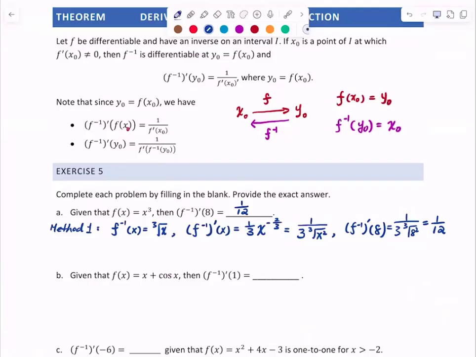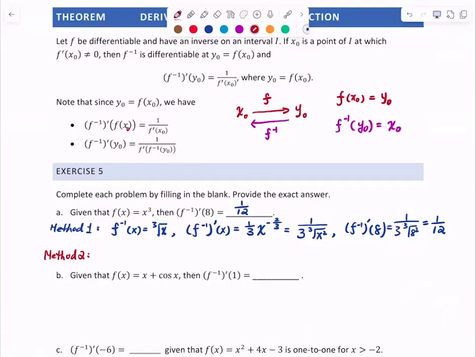Okay, but to help you get familiar with this new derivative formula, what if you can't get the inverse easily? Okay, that's the way to go, right? So let me do method number 2, use the new formula to do it. What does that mean? Right.